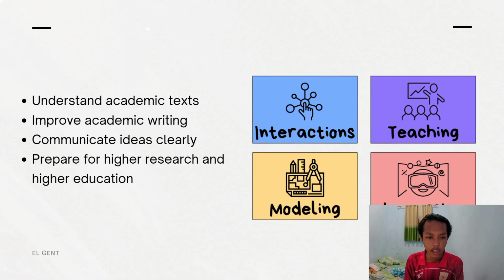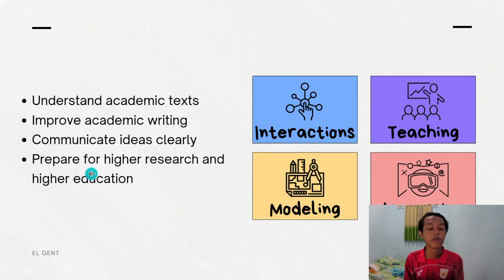That's why academic vocabulary improves academic writing. And the third is communicating ideas clearly. This is seen when students give presentations or take part in discussions that are more academic.